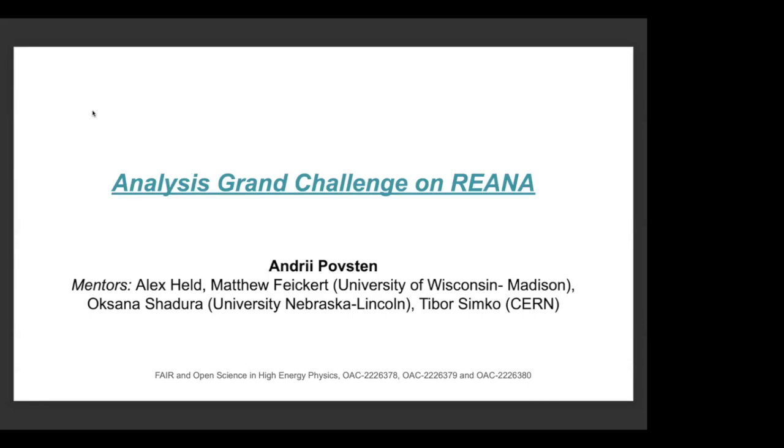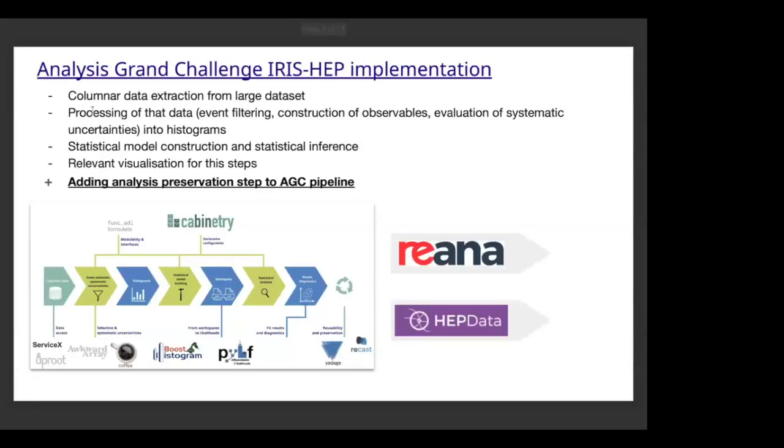So let's just start from the fundamentals. The Analysis Grand Challenge is an analysis made to extract columnar data from large data sets, then process this data by event filtering, evaluation of systematics, and filling histograms, then apply statistical model construction and statistical inference with relevant visualization.